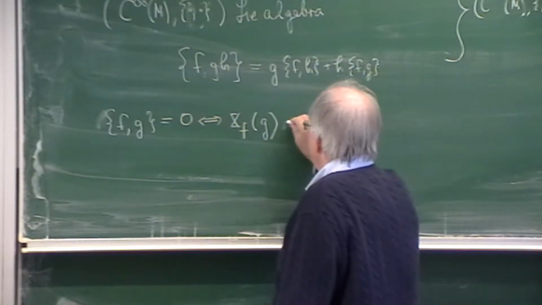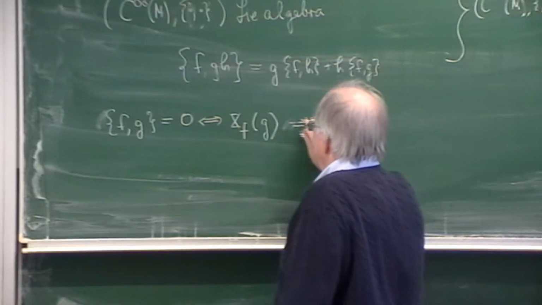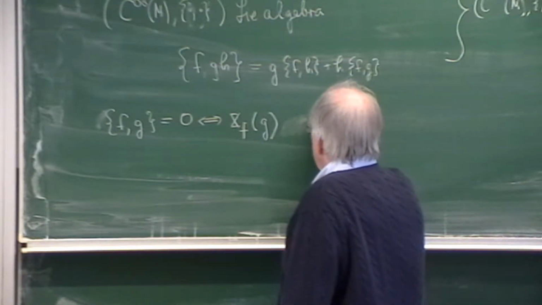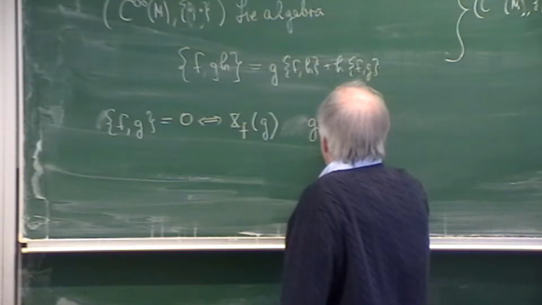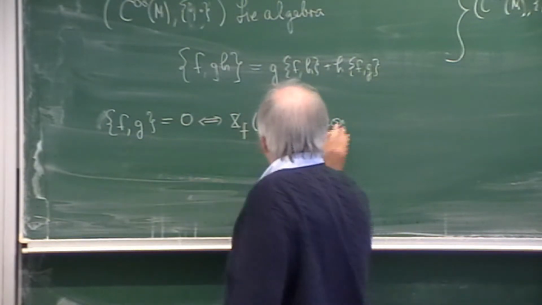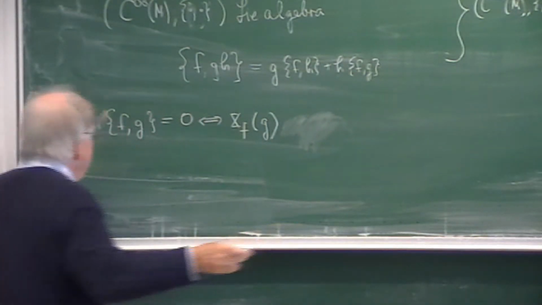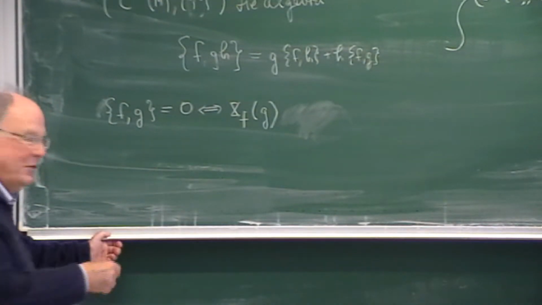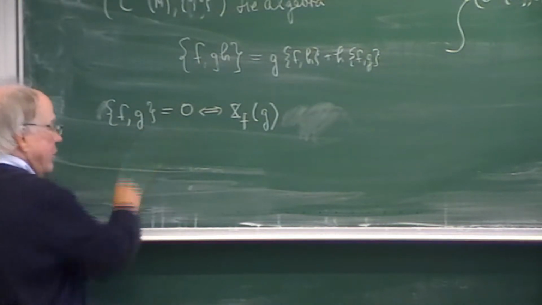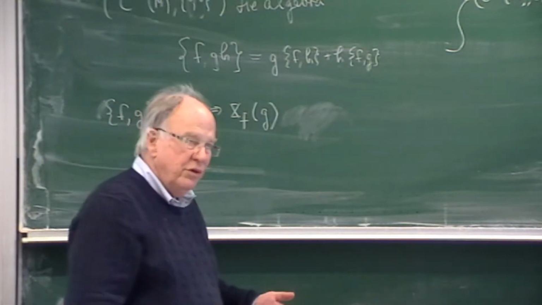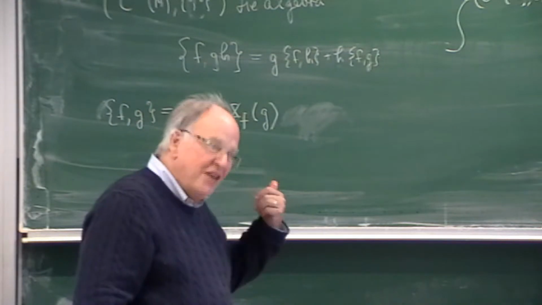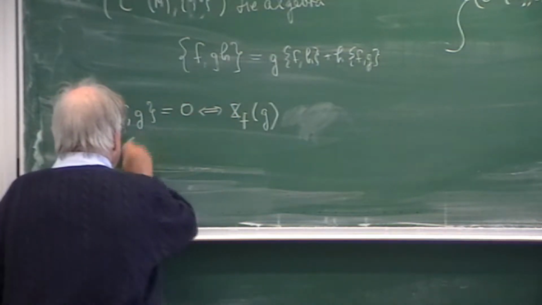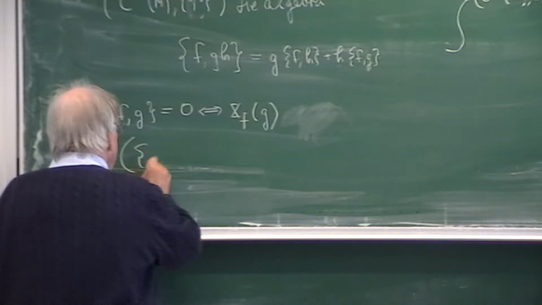This is the statement that, okay, let's write this here. I'm very happy with your remark about commuting and anti-commuting. This says this is 0, it means that f and g commute. Since it's anti-commutative, this means that f and g commute. So in the algebra, this means f and g commute.